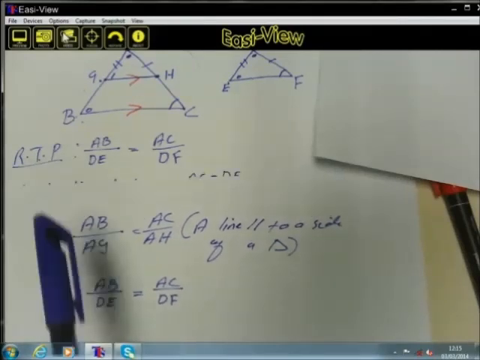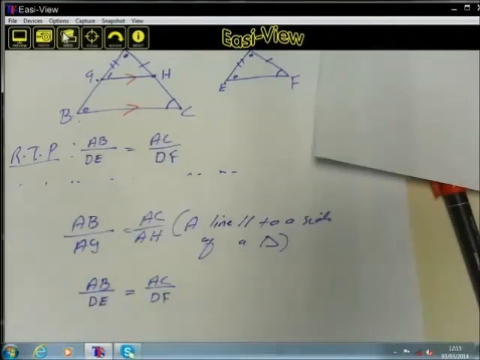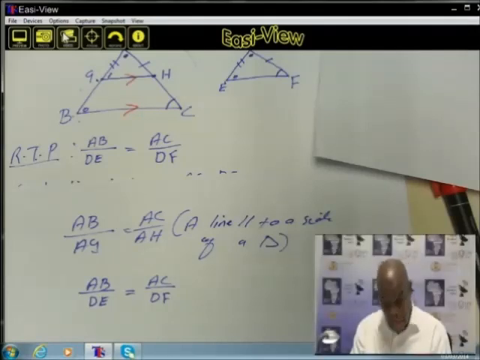If you remember, check the required to prove that AB over DE is equal to AC over DF. It is very much important to know the proof of this theorem, because part of bookwork is this one. It's examinable. It can be asked to determine or to prove this theorem.